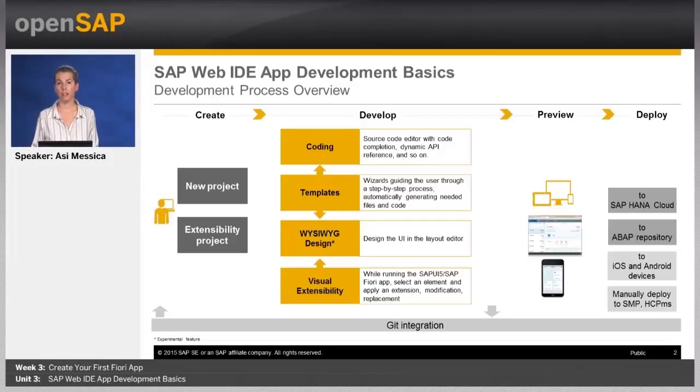We also provide, with the hybrid application toolkit, deployment to iOS and Android devices. You can manually deploy to the SMP or HCP mobile services, and you can also manually deploy the application to other SAP environments. As we will show later, we use Git on SAP HANA Cloud Platform for version control management.